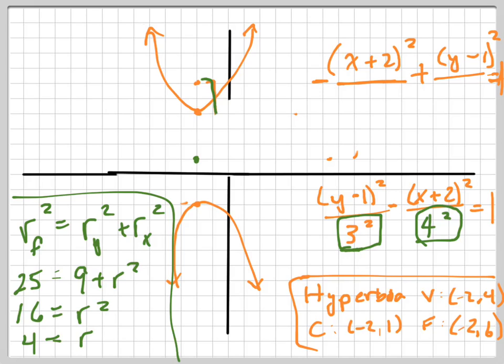Nope. In an ellipse, the bigger number's under the major axis, but not in a hyperbola. In a hyperbola, it's all about which term is negative and which is positive. Your r sub x squared is always underneath your x, and your r sub y squared is always underneath your y.